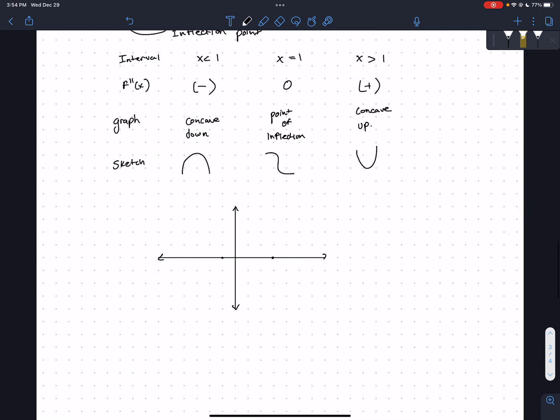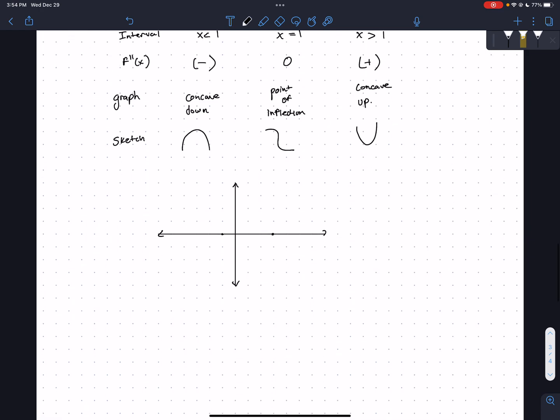And then we also have a point of inflection at x equals 1. So over here, we also have a point of inflection. Oops, that's bad. This is not an asymptote. I'm just going to make that clear. This is the point of inflection. I'm just doing it with dotted lines so that you can see it, right?